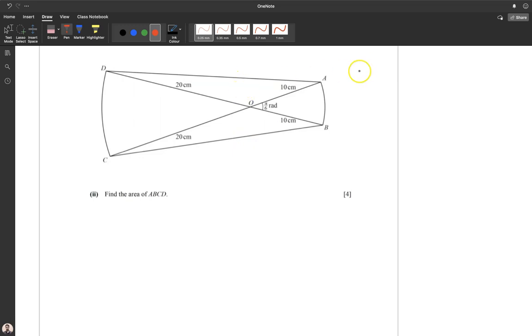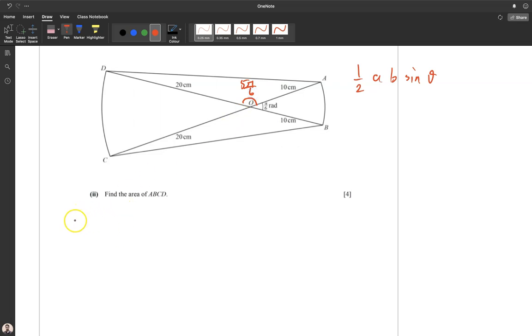Now earlier I mentioned that you might end up having to make use of this: half AB sine theta. This is the formula for the area of a triangle. So we're going to make use of this. There are 2 triangles to find the area for, and we know that this value was earlier 5 pi over 6.